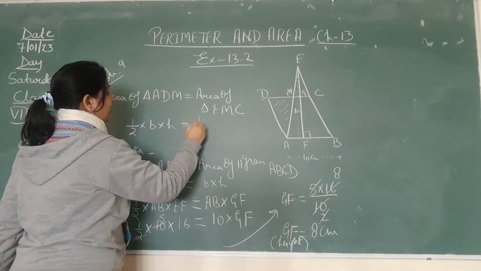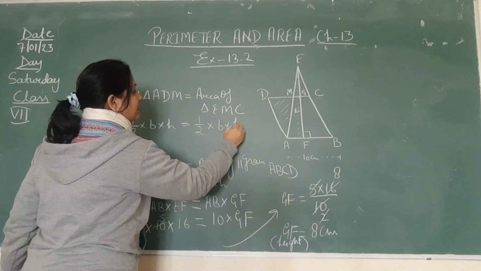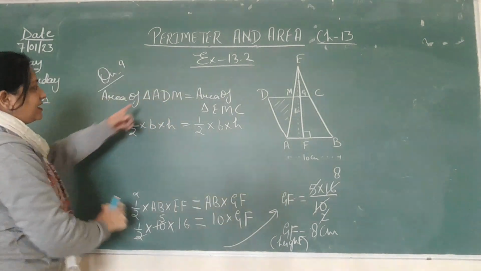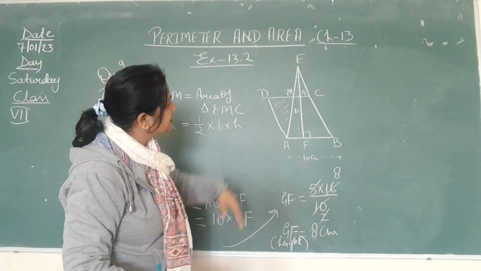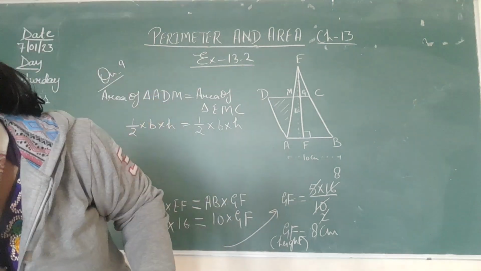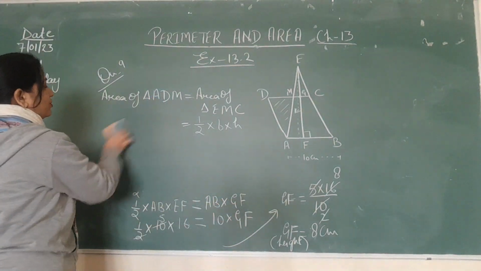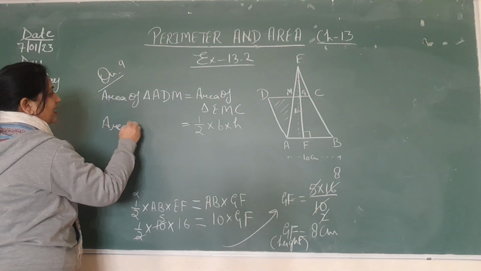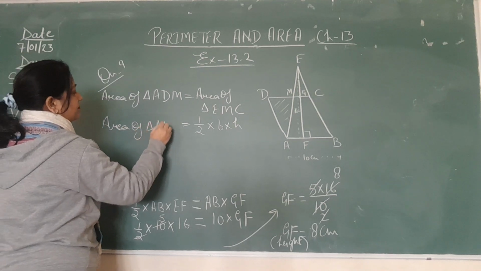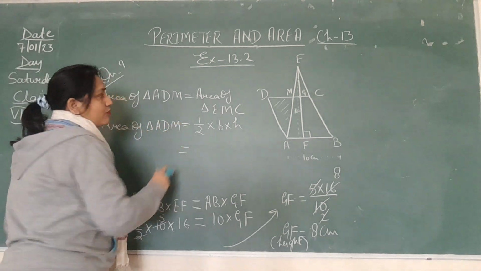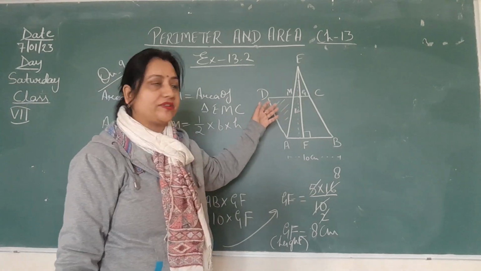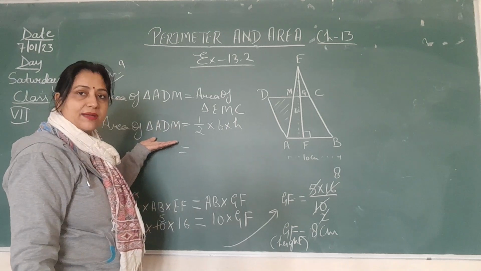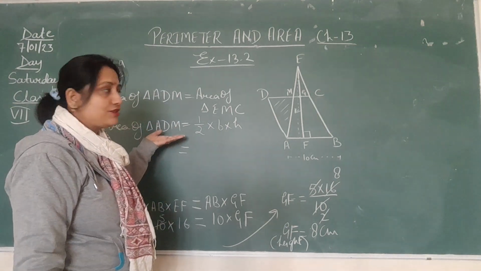In the first triangle ADM, there is no need to write directly, because the height is not given in this triangle, but in this triangle the height is given. So we only have to find the area of triangle ADM, and there is no need to write the values here.